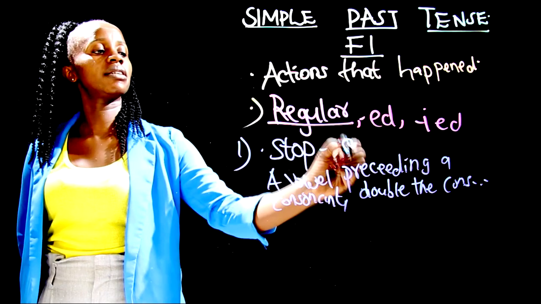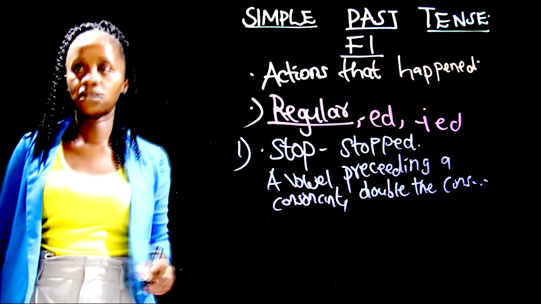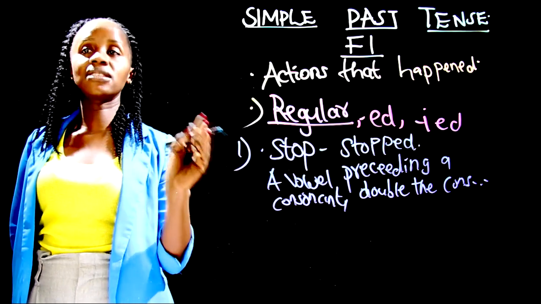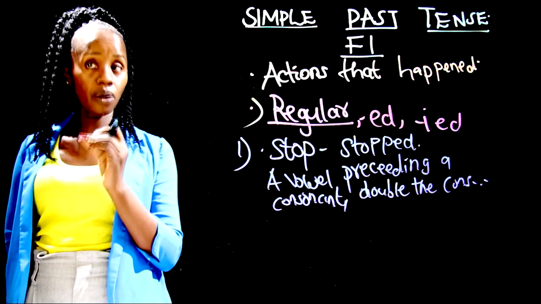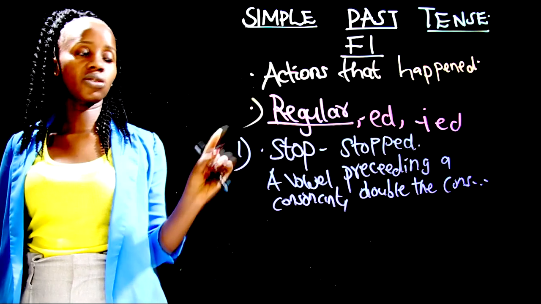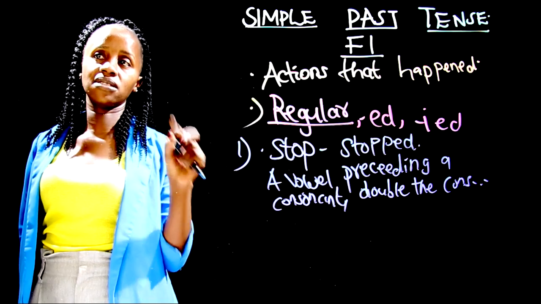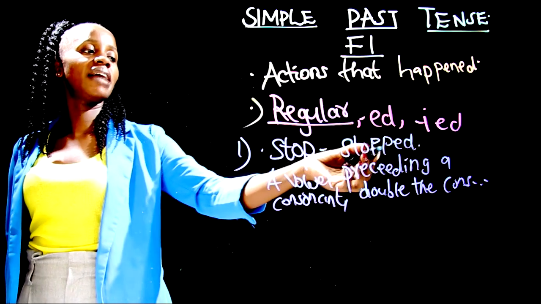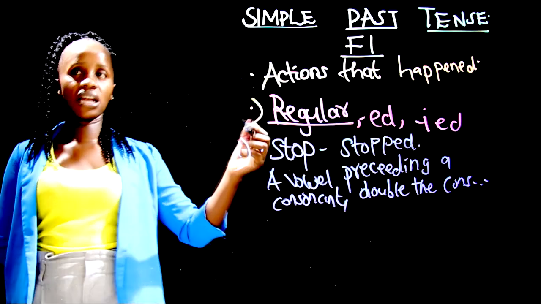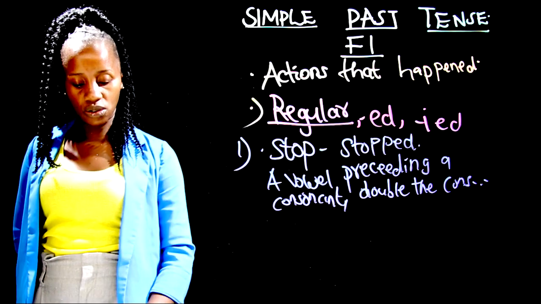How will we write it? Like that. So, dear learner, remember, when just one single vowel comes before a consonant, double the consonant, write two of them, then you add the ed. So you will test yourself with words such as stop, clap, and so on and so forth.